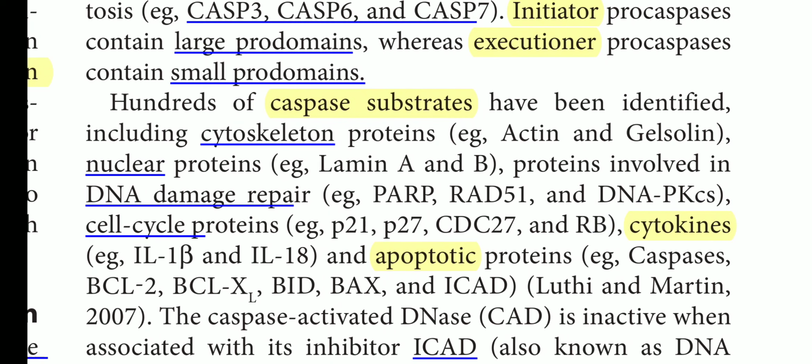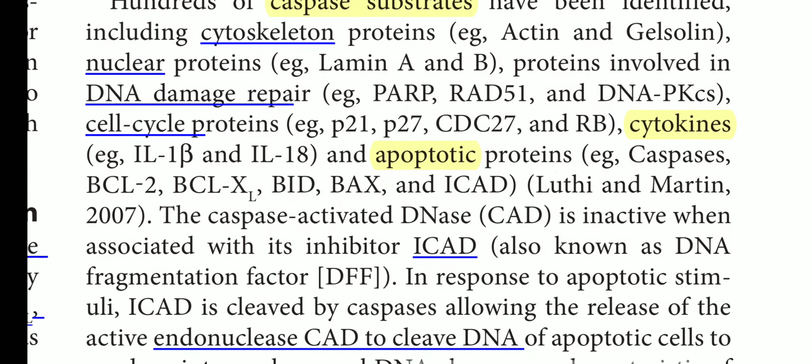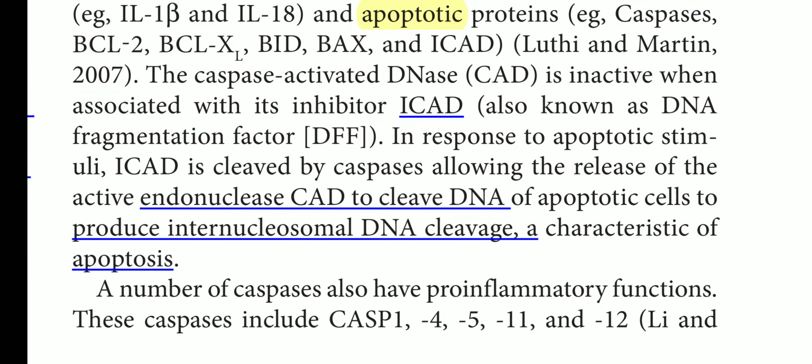Caspase substrates include the cytoskeleton, DNA damage repair proteins and cytokines. There are hundreds of substrates, which you can read out.